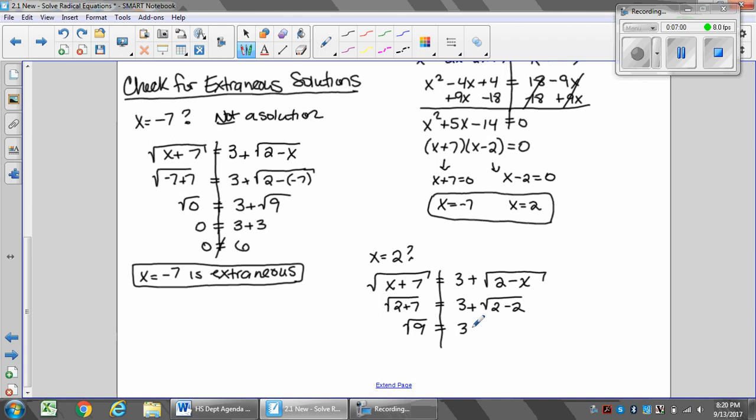Simplify. Hey, it worked. 3 equals 3. Therefore, my final answer is x equals 2.